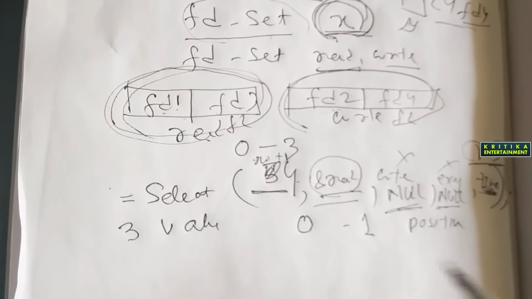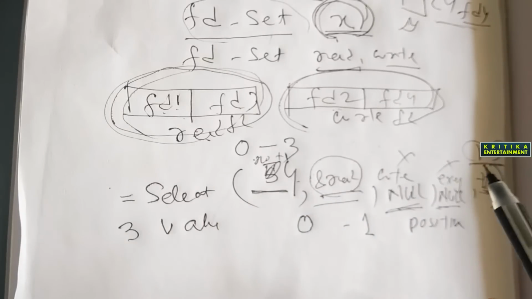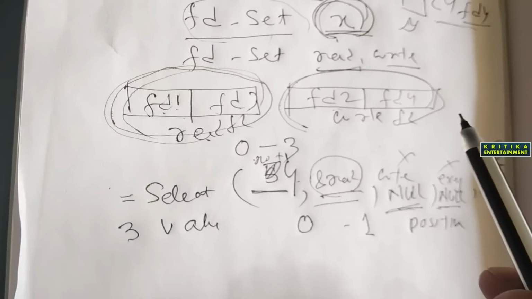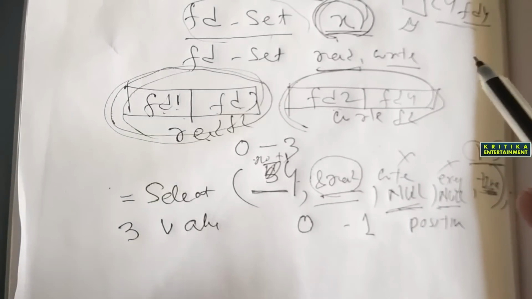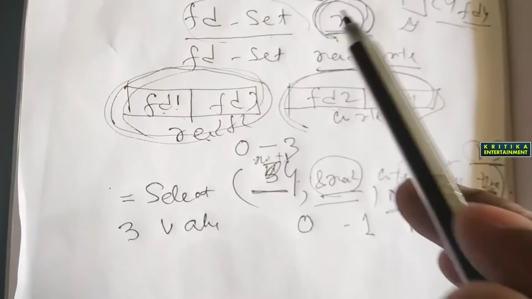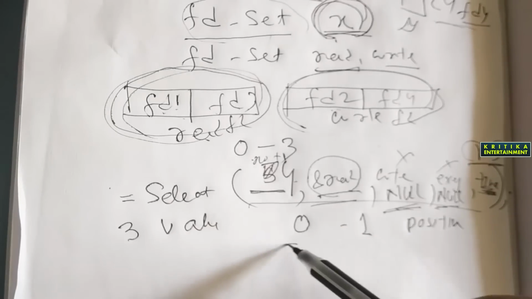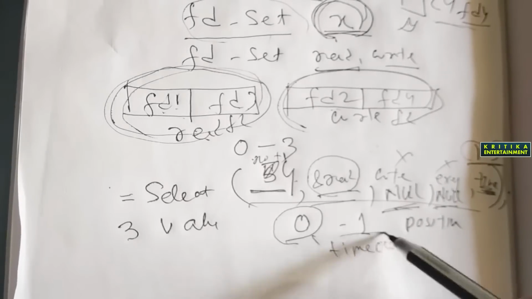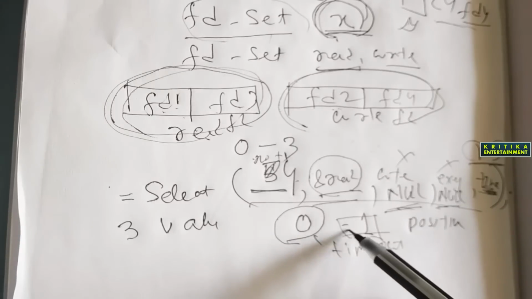Remember positive. 0 means that if there is no data available in any FD, the server will not read data from the client side. At that time it will be a timeout, so it will return 0. -1 means that if your select function returns an error, that is -1.